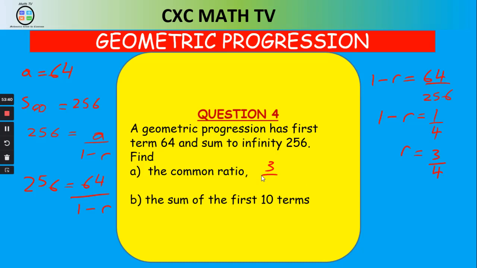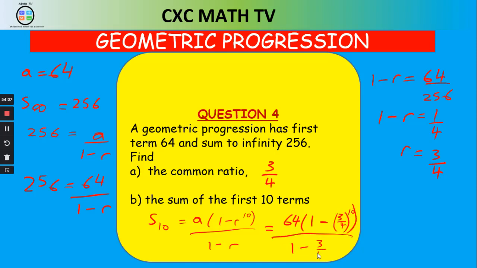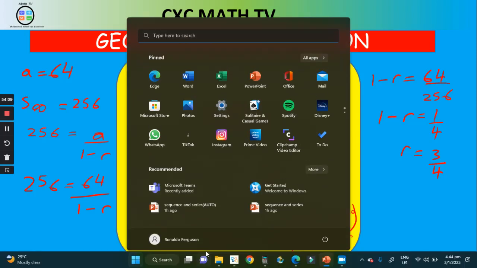That's our answer, 3/4. Then find the sum of the first 10 terms. Now S10, since r is 3/4, it converges. So we're going to use the formula a in bracket 1 minus r to the 10 over 1 minus r. So it is now 64 in bracket 1 minus 3/4 raised to the 10th power over 1 minus 3/4. You put that in a calculator.